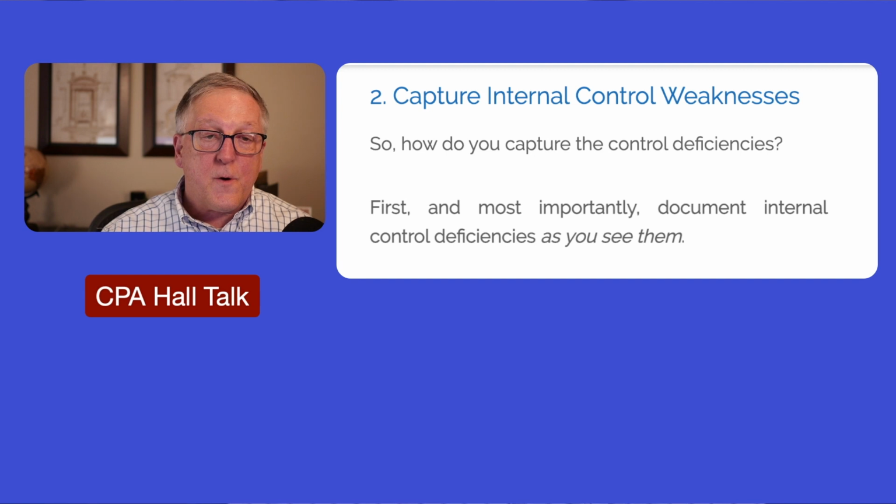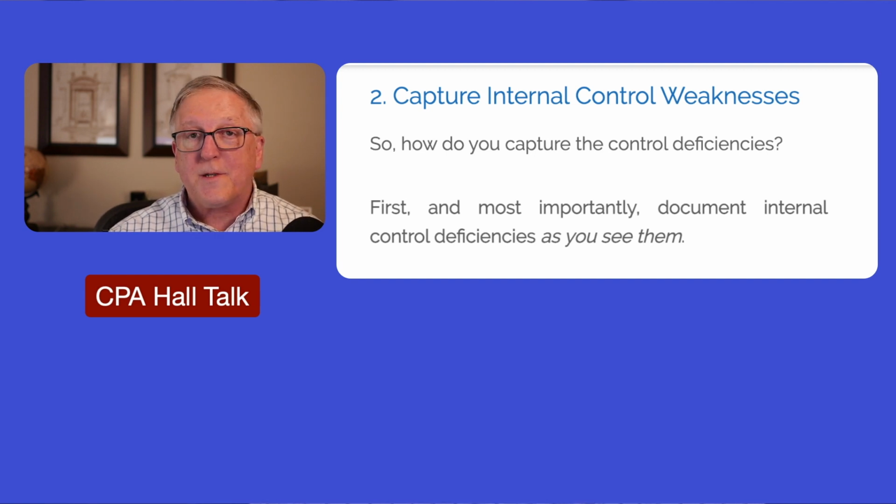So I said this earlier, but I'm going to repeat myself on purpose because this is critical. When you see the internal control weakness, and you identify it, go ahead and capture it. You want to put the internal control weakness on a form, and hopefully your firm has an internal control weakness form.